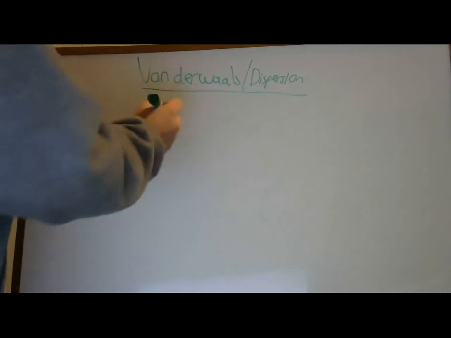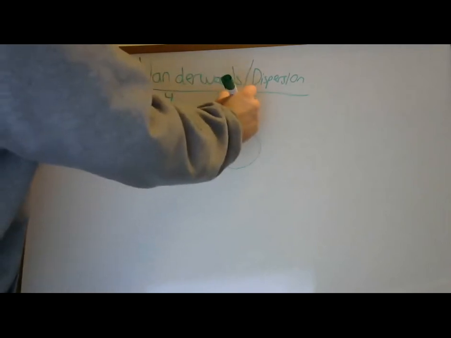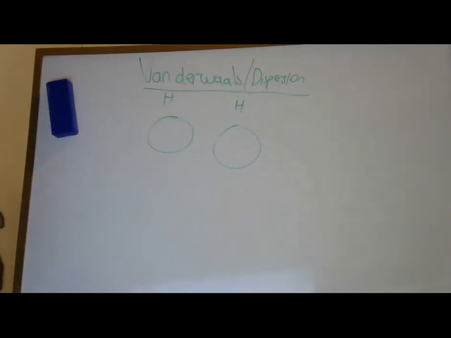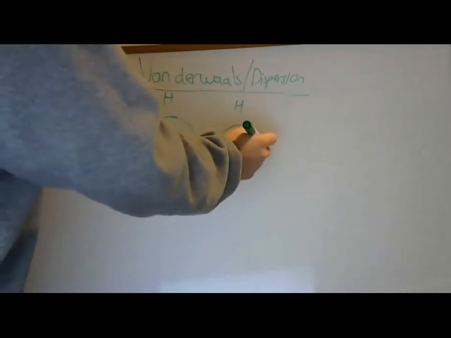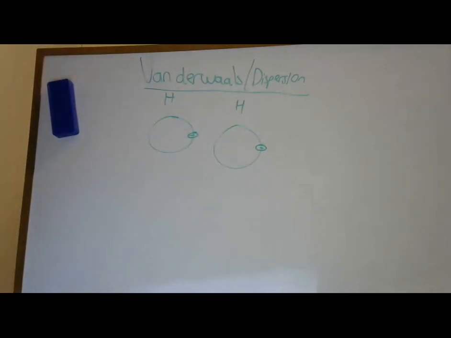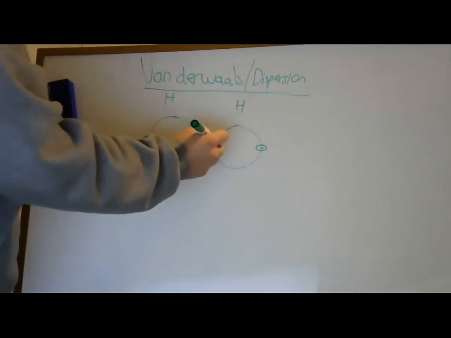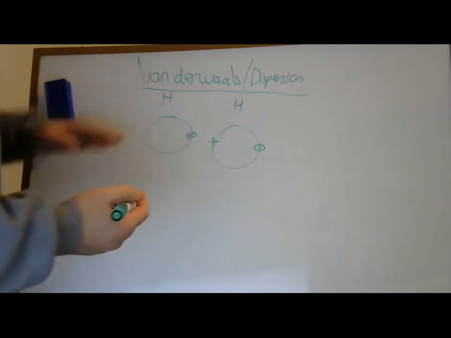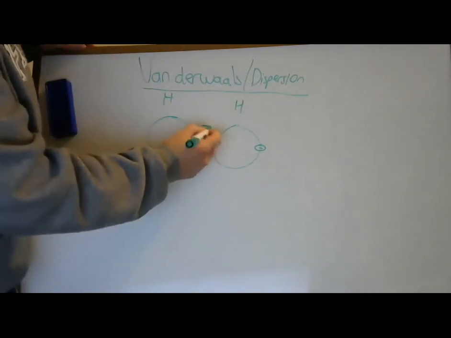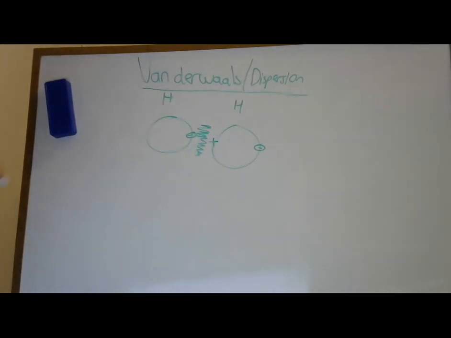So, we have a hydrogen atom. Hydrogen has one electron, but we can't determine where it's going to be at any one point. So at some point, it's going to be over this side and not have one over here. So this side is negatively charged and this side is positively charged. And any other molecules that line up like that will have this very, very weak and fleeting electrostatic attraction.